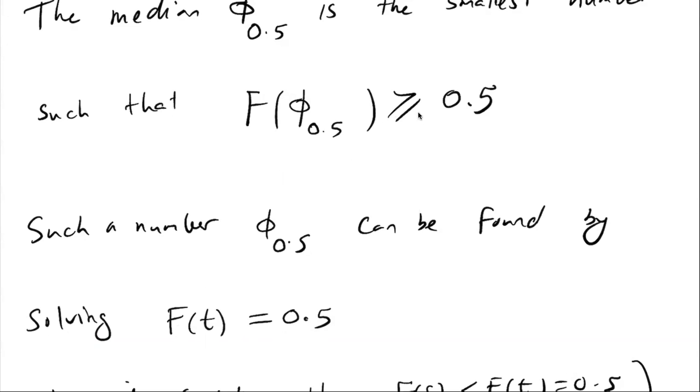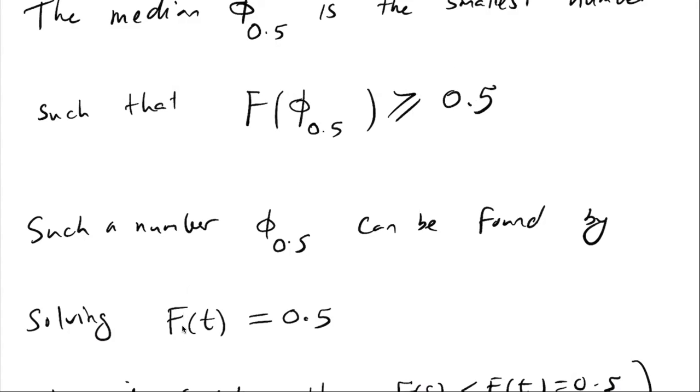This bigger than or equal to is mostly relevant in the case of discrete random variables, because in discrete random variables, the capital F or CDF function can have jumps because it can become discontinuous. So maybe 0.5 will not be taken in that case. Capital F, for example, could be 0.4 and then suddenly jump to 0.6.